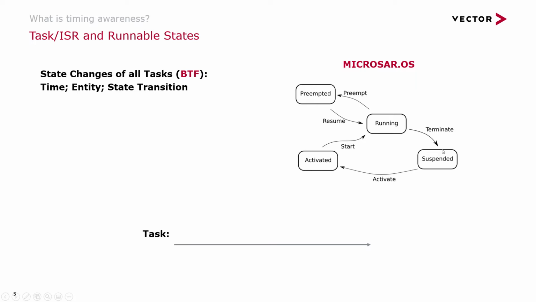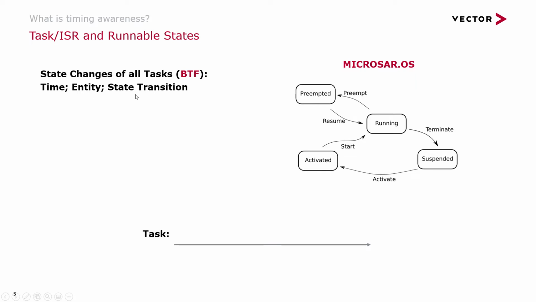Here on the right side, you can see the different state transitions that a task can have within the Microsoft OS. And what we will do later on is basically to create a log file, a scheduling trace, which always provides you the information in a CSV format at which timestamp, which entity, so which task, performed which state transition.